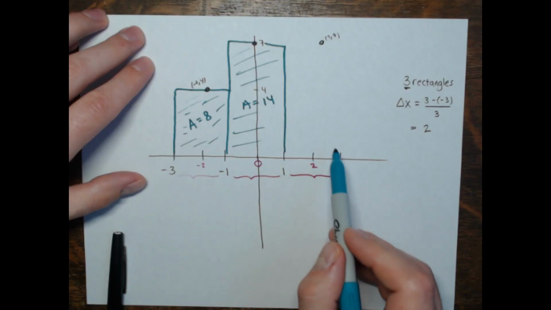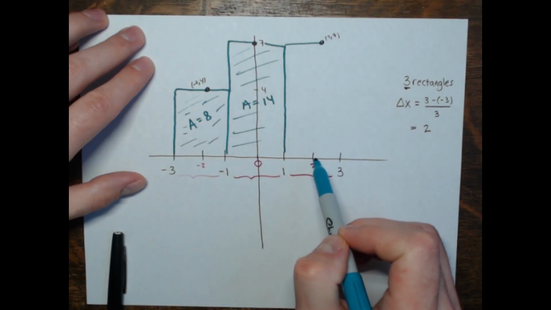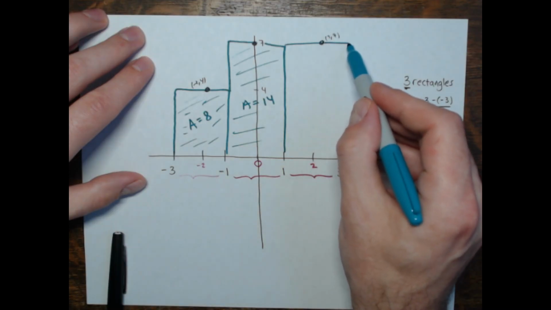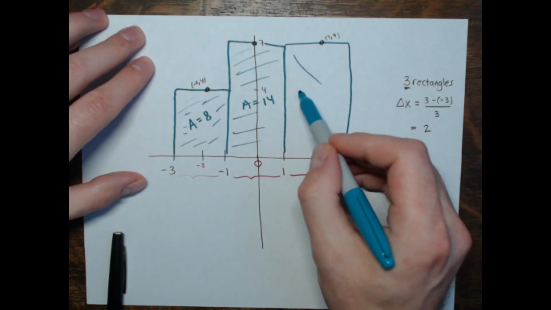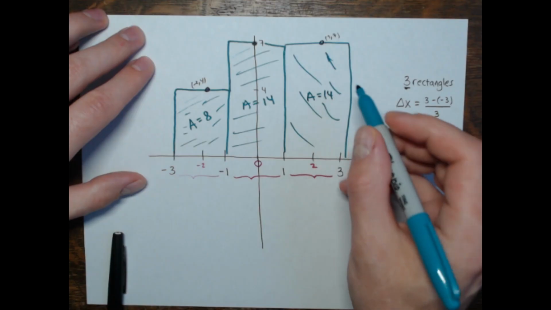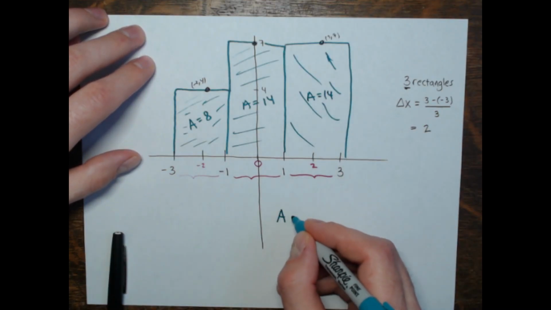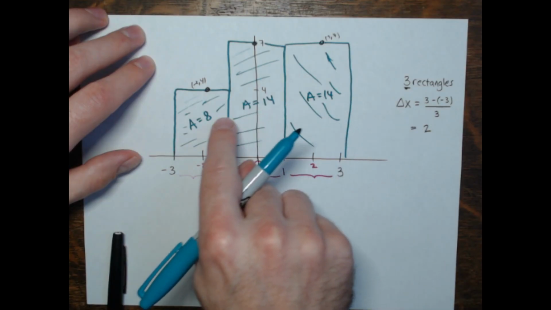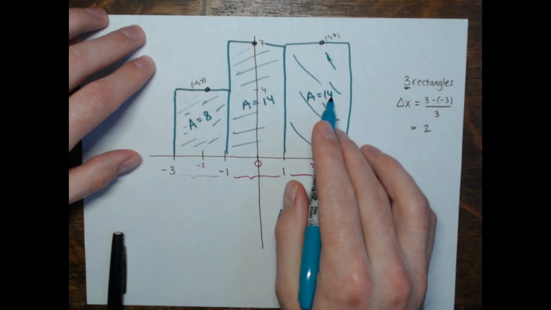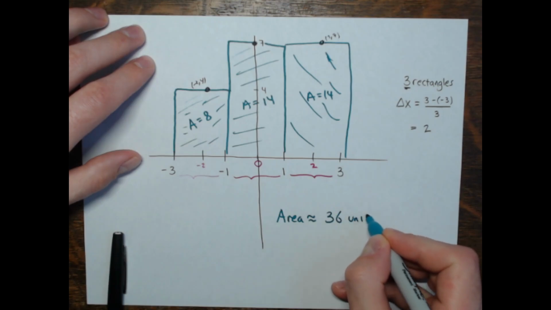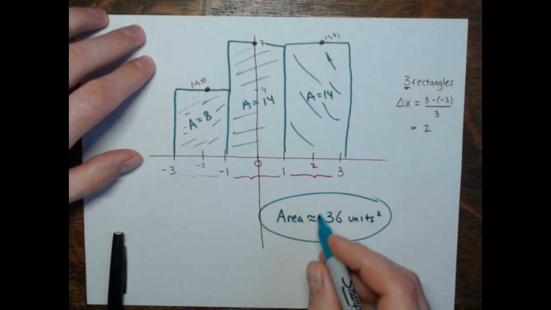And then another one that's going to be 2 by 7, right? Because again, I plug in the midpoint of this 1 to 3 interval, that's 2, plug that in, get 7. So there's another 2 by 7 rectangle with an area of 14. So the area under the curve, right, is approximately 14 plus 14 plus 8. That's 28 plus 8, 36 square units is what I'm going to be entering.